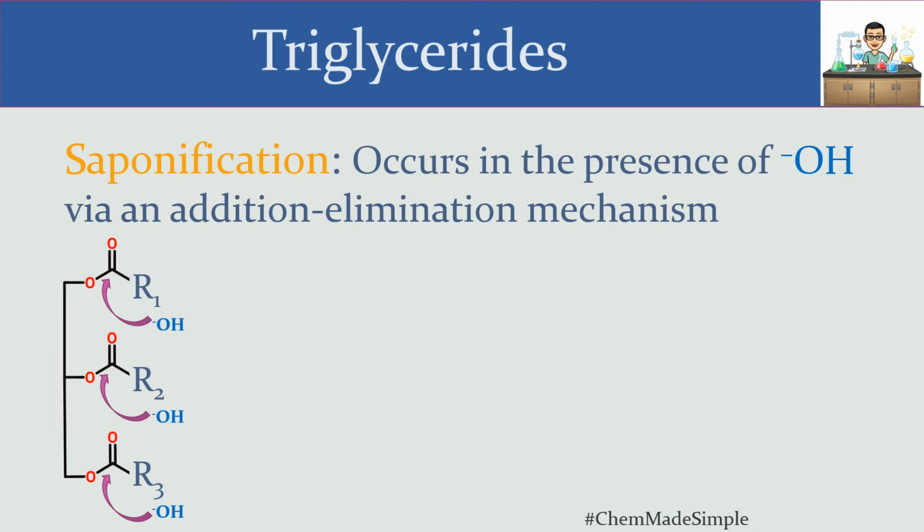And then we're also going to have those pi electrons come back down, and they're going to reform the pi bond, and that's an elimination step. And so this particular type of reaction is known as an addition-elimination reaction, and that's something that we explored in our acyl substitution video from before. So you can find a link up at the top right in order to access that video.